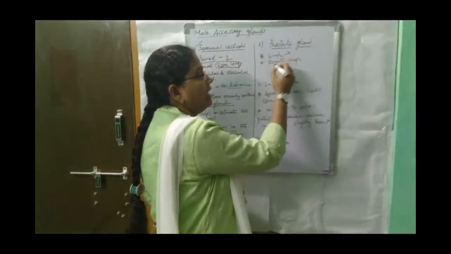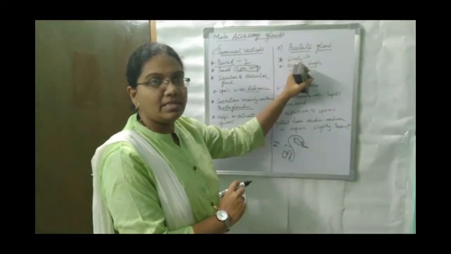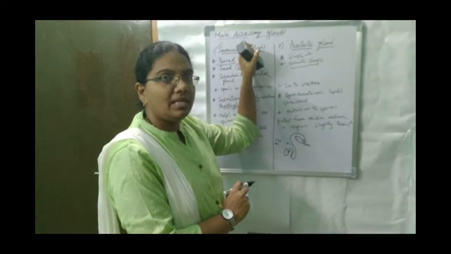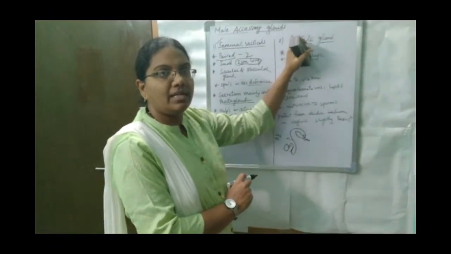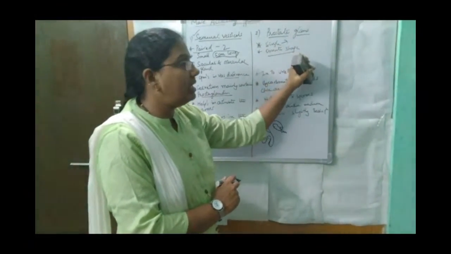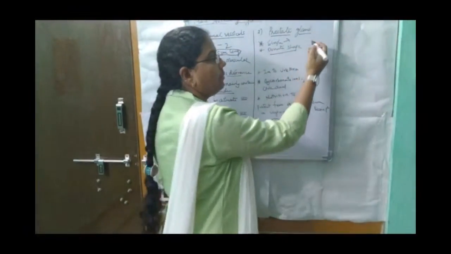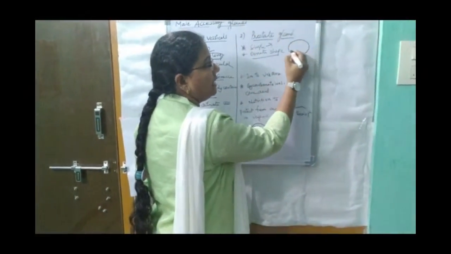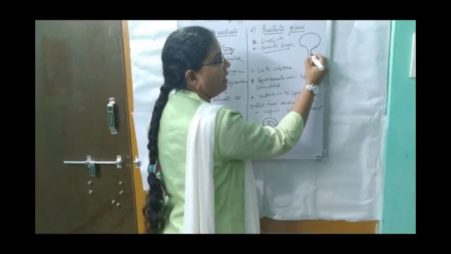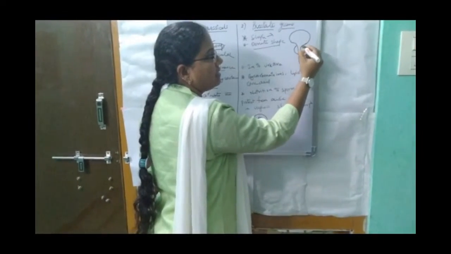They are single in number, donut shape. First gland is seminal vesicle. Second gland is prostate gland. The prostate gland is single in number, donut shape. For example, in the diagram of the reproductive system, urinary bladder, urogenital duct, already drawn like this.